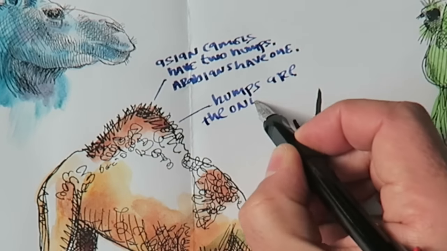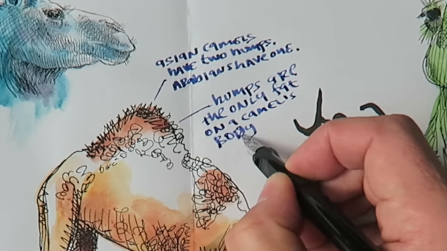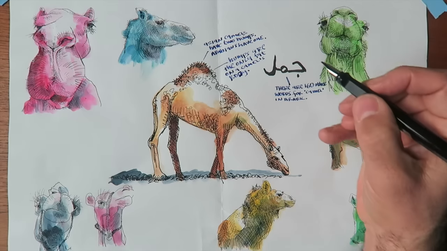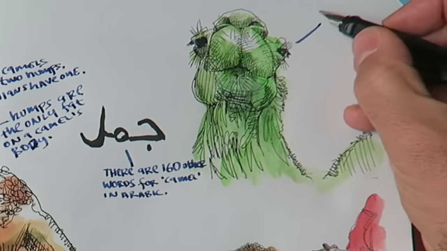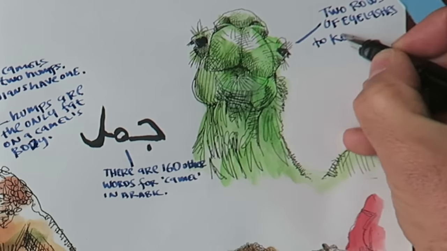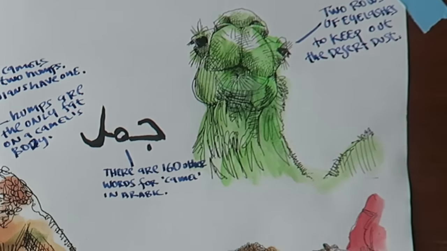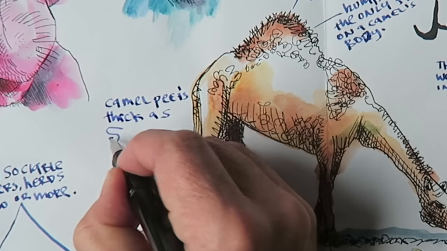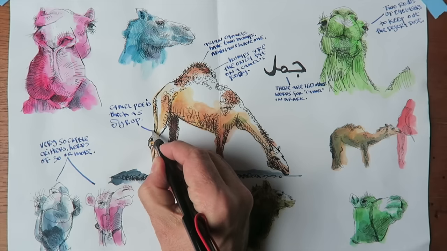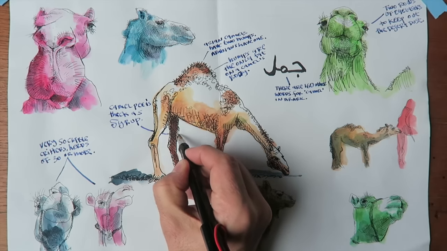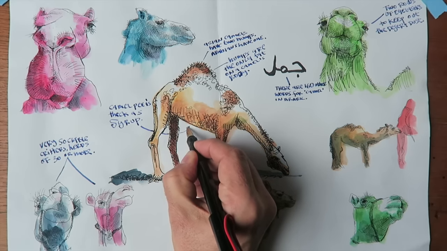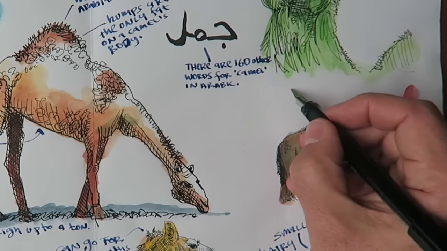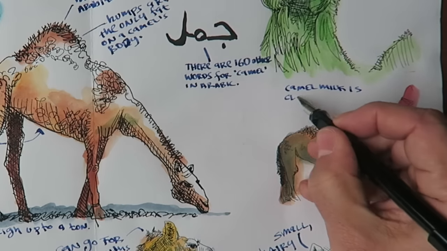The humps are the only fat that's on a camel's body. They have 2 different rows of eyelashes to keep out all the dust. A camel's pee is as thick as syrup. Camel's milk is actually closest to human milk.